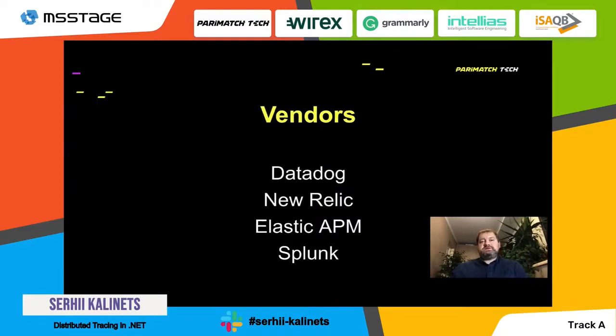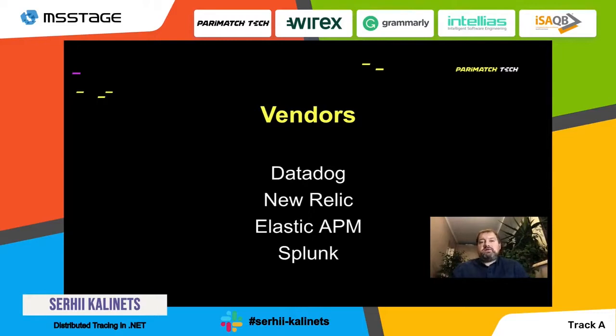Next in our list are vendors who are offering solutions similar to cloud providers, but they usually are more powerful, and you can use them from more places, because cloud providers' offerings can usually be used only from inside the cloud.